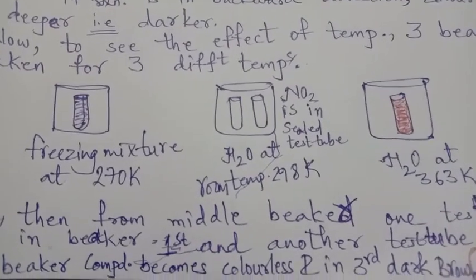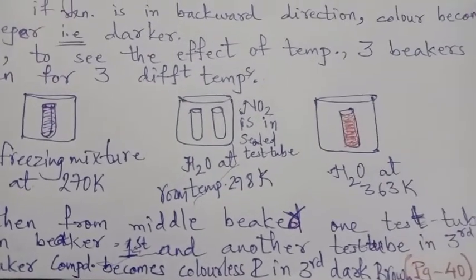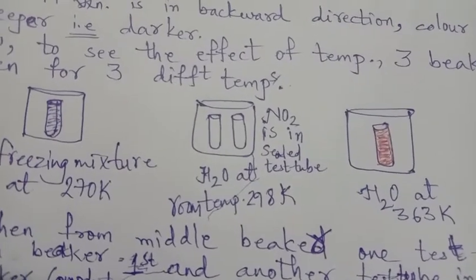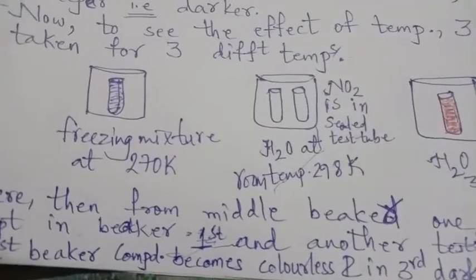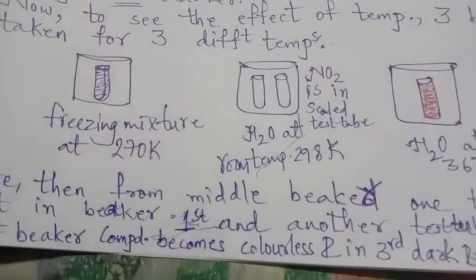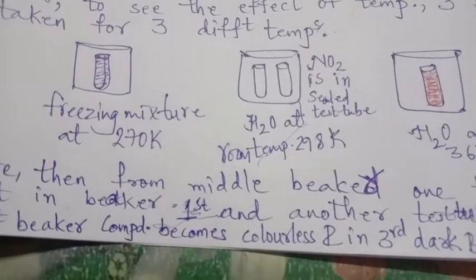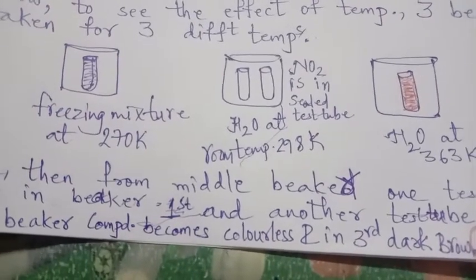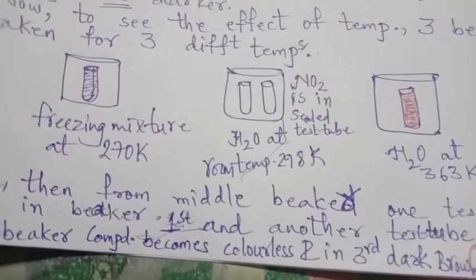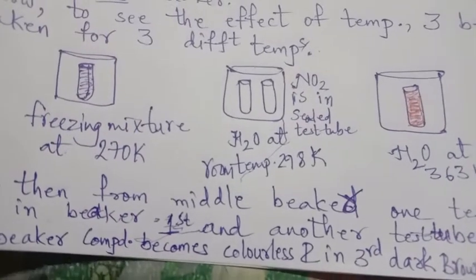And third is the beaker which is having the water at temperature 363 Kelvin. So all these three are having respective temperatures 270 K, 298 K, that is room temperature, and 363 K.